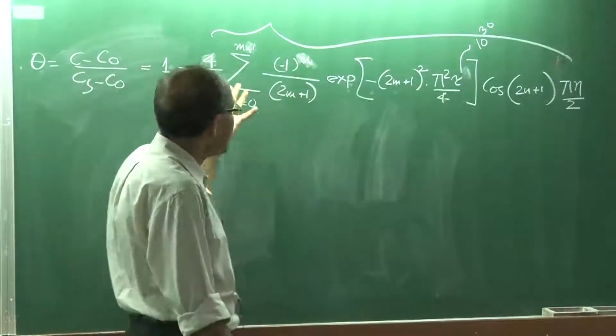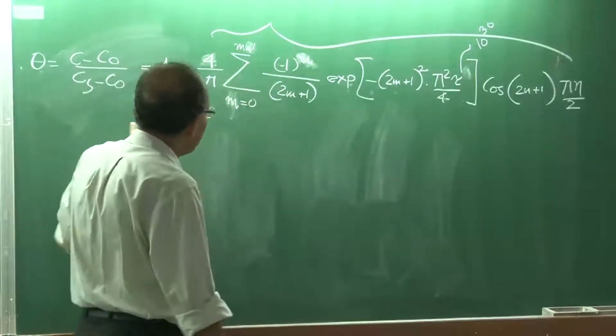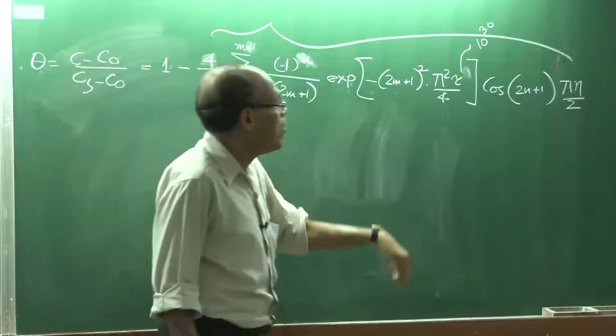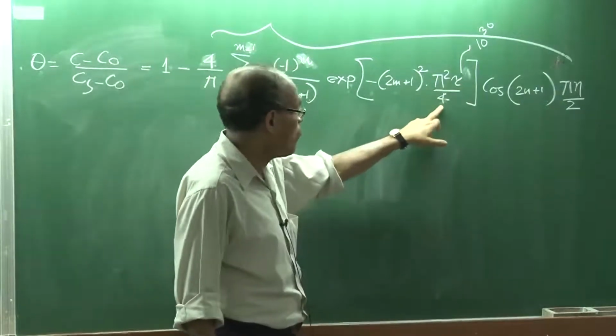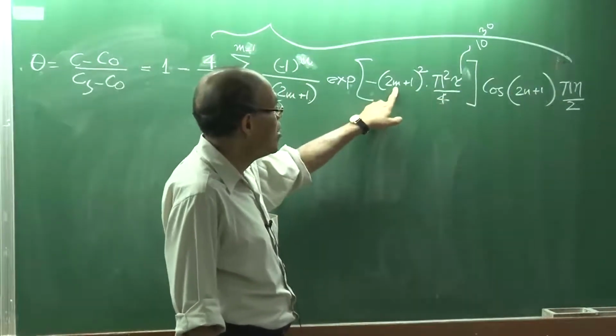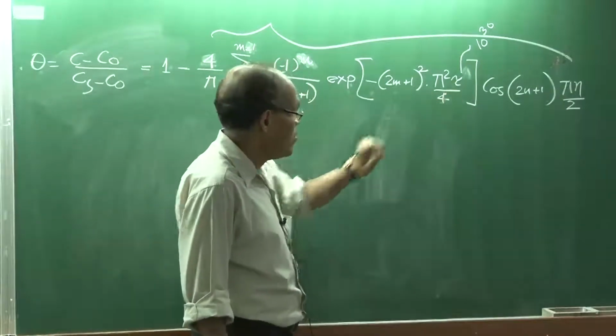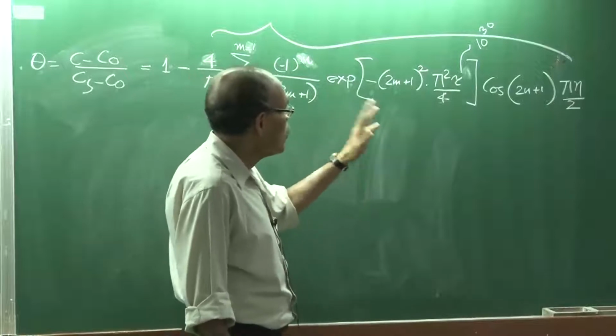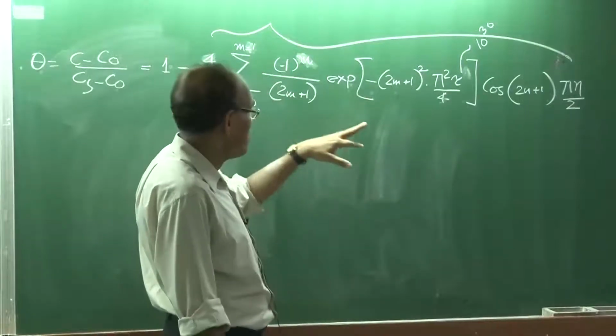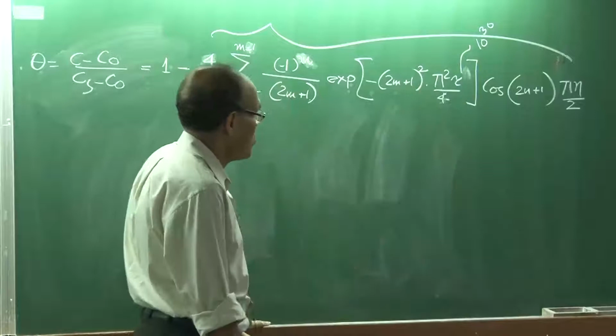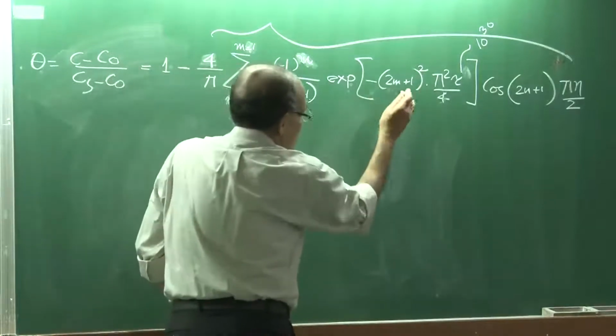If we try to expand this tau, then we get pi square tau by 4 in the first term, because m is going to be 0. In the next case, it is going to be 9 tau divided by 4, and in the next we are going to get 49 by 4, and so on and so forth, because it is 2m plus 1.